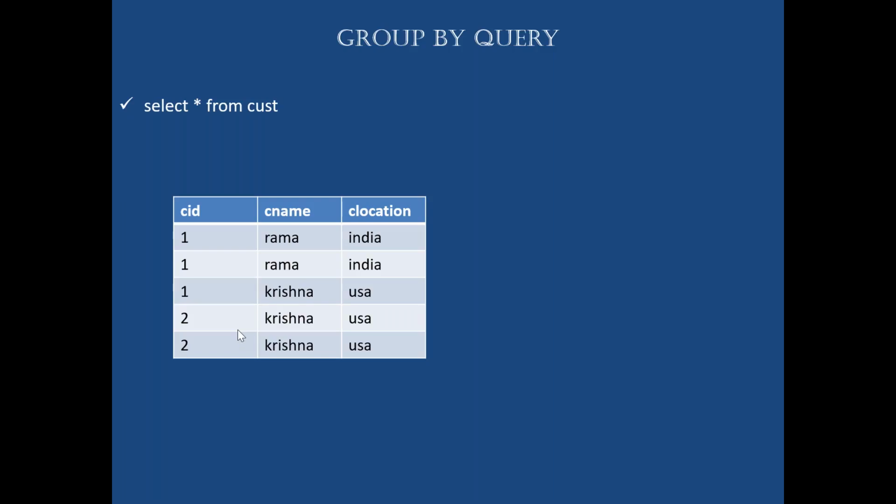One Krishna USA is another group. Two Krishna USA is the third group. So total three groups will come like this.